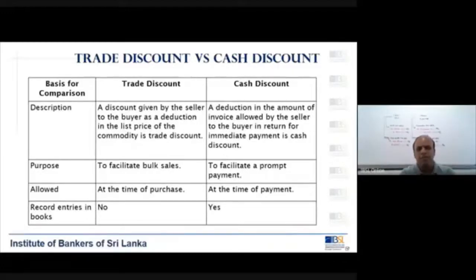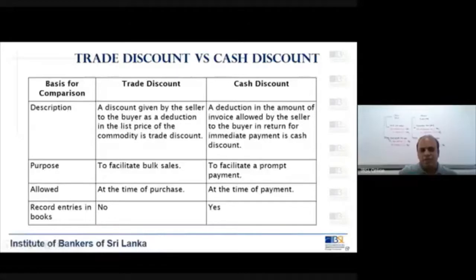Most likely, trade discounts are not given on an individual basis, because you have to make a purchase in bulk. Whereas a cash discount is given to a person who pays immediately, if we are buying their product.